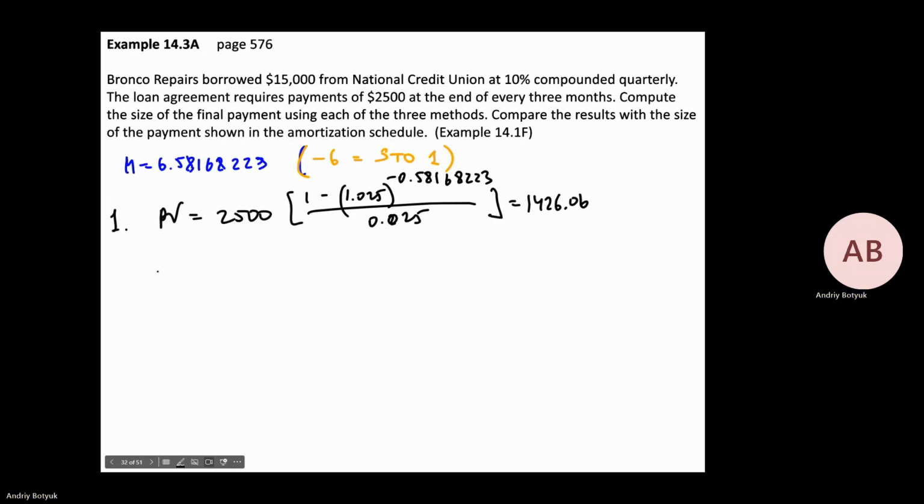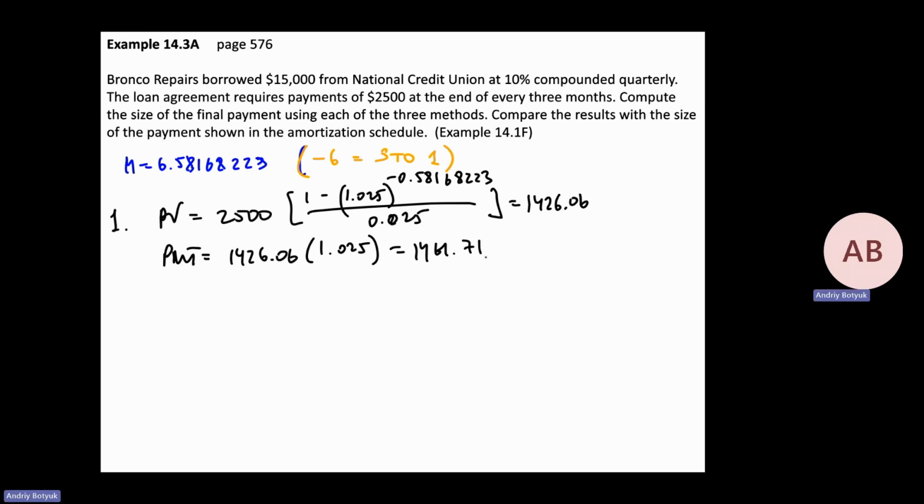And now, what it says: if payment is made at the end of the payment period, add interest for 1 payment period. So the payment would be this times 1 plus I, right? $14.6171. From all 3 methods, I find this the easiest one.